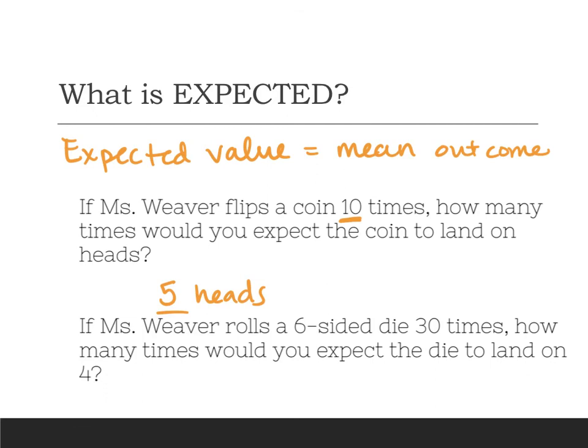But we won't get to experiment with those. But as long as this is a fair die, and I'm rolling it 30 times, then I would expect about a sixth of the time for it to land on a 4. And 1/6 of 30, well, that's 5 times that I'm expecting it to land on a 4. So that's my expected value, which is also my mean.